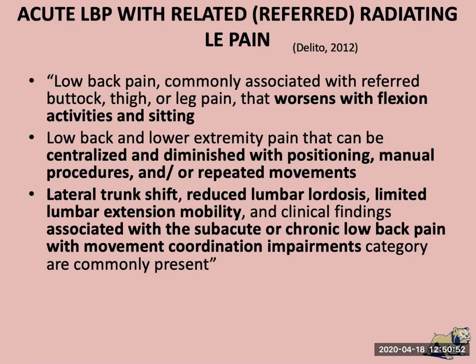So that being said, being a traditional thought here, just remember that folks can have radicular pain for different reasons. There can be different health conditions or different problems in the lumbar spine that result in radicular pain. Now, these are the folks that are going to centralize or peripheralize with repeated motions.